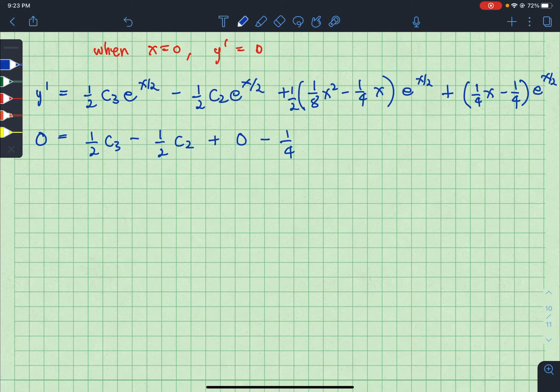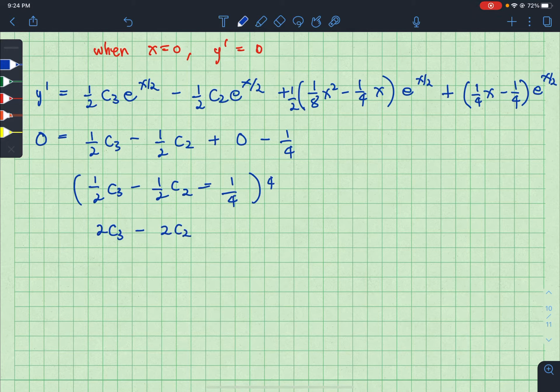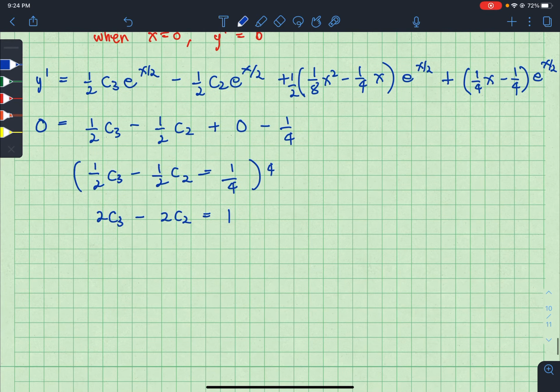Therefore, I'll have 1/2 c3 minus 1/2 c2. Then transposing it, that would be 1/4. So multiplying everything by 4, I'll have 2c3 minus 2c2 is equal to 1.